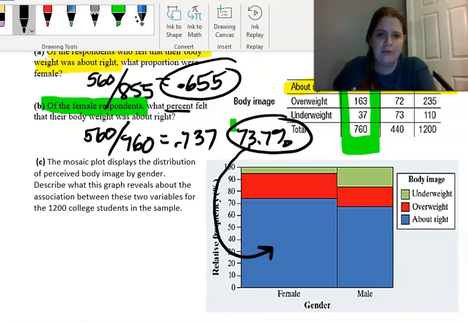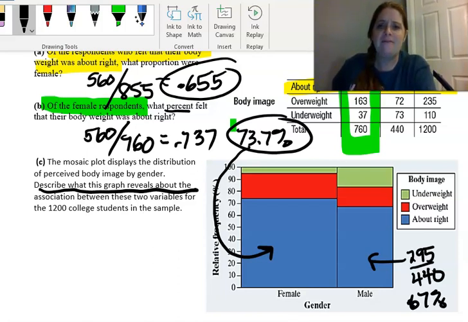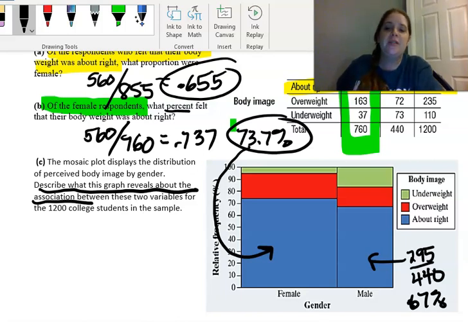Similarly, if you were to compare this for males, this would be the 295, about right, out of the 440. 295 out of 440 gives me about 0.67 or about 67%. So the question says, describe what this graph reveals about the association between these two variables.